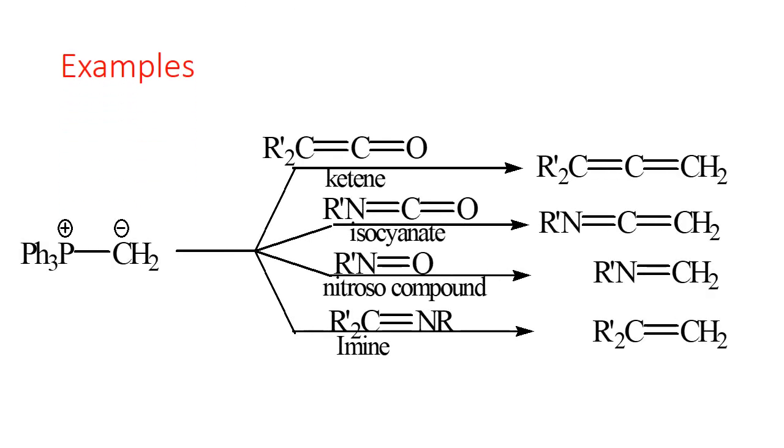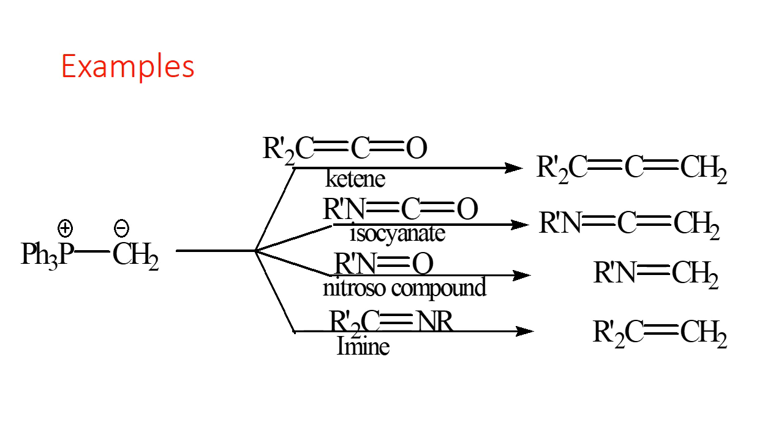Next, we look at the examples where the Wittig reaction can be applied. For example, the Wittig reagent can be treated with a ketene to form these compounds. We can also treat it with isocyanate, with a nitroso compound, or even imines.